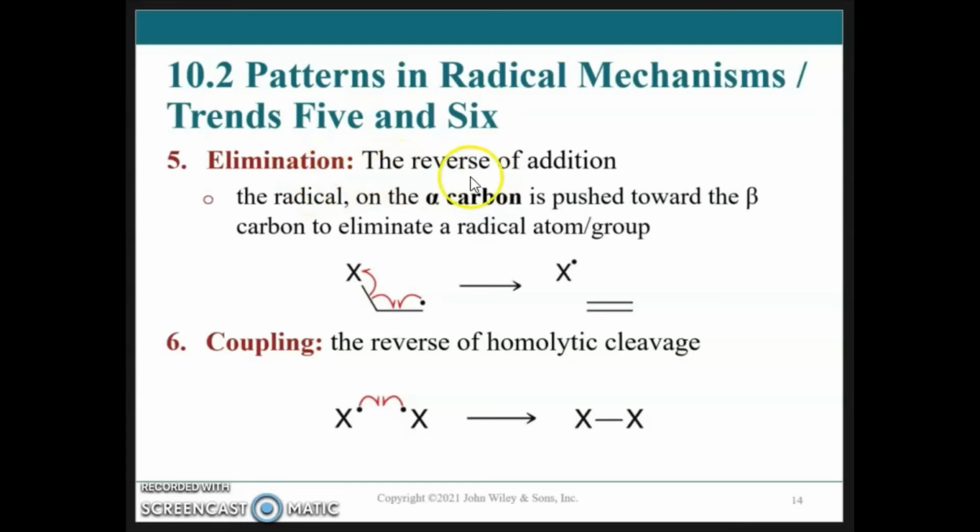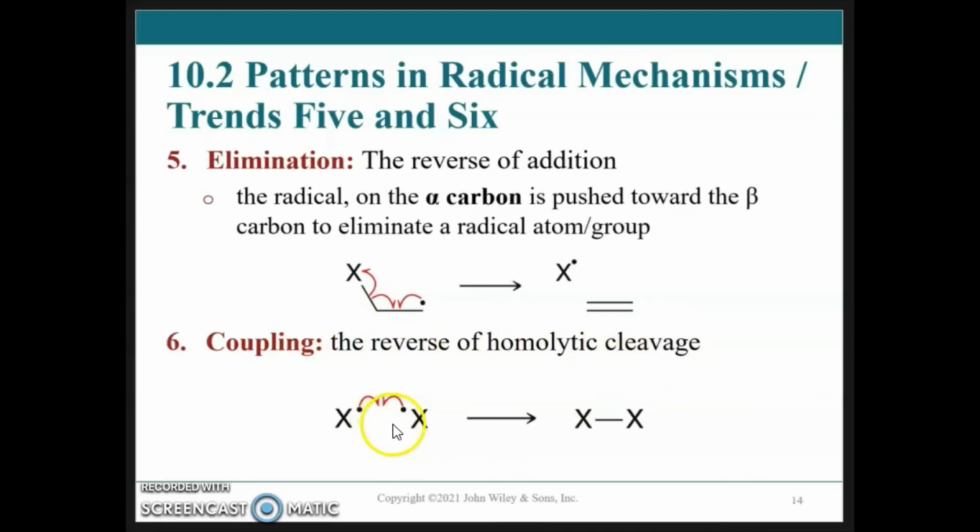The elimination reaction is the reverse of the addition reaction. The radical on the alpha carbon is pushed towards the beta carbon to eliminate a radical atom or radical group. And then the coupling reaction is the reverse of the homolytic cleavage.